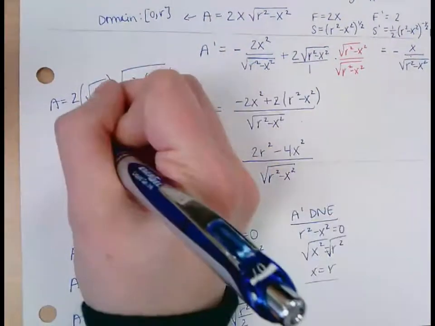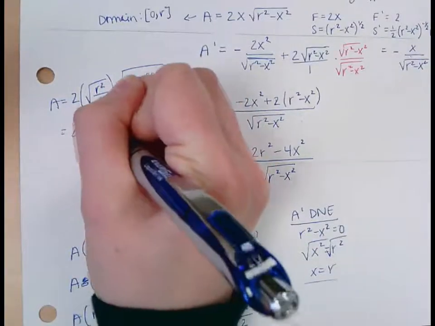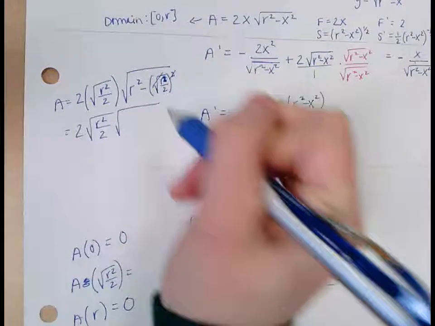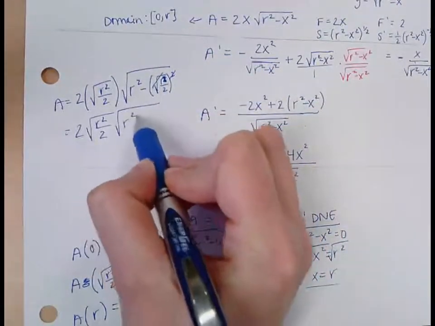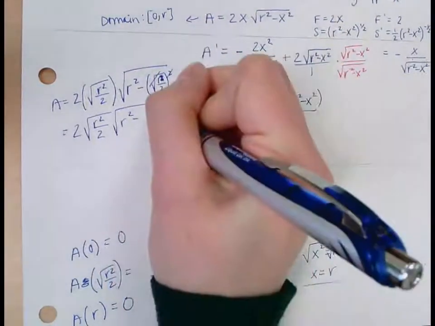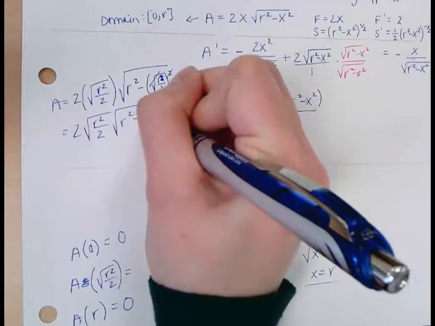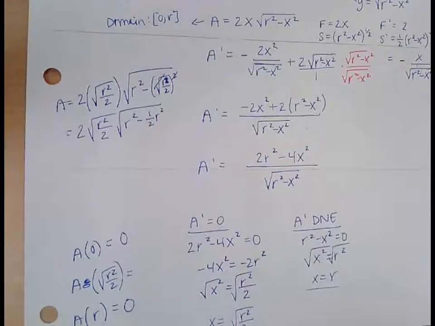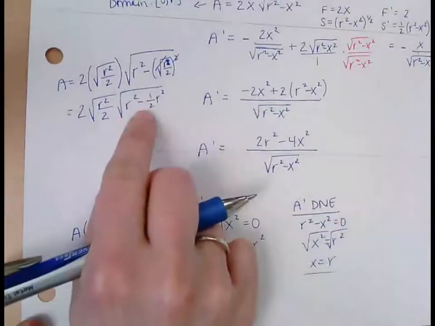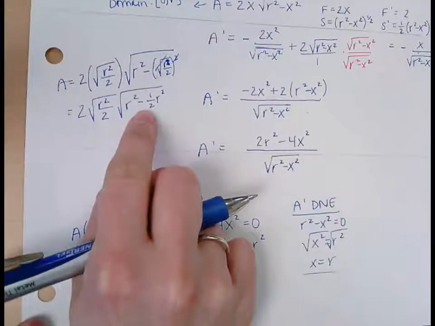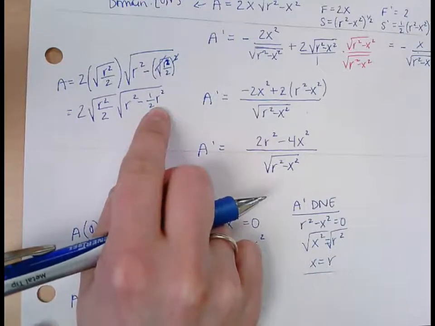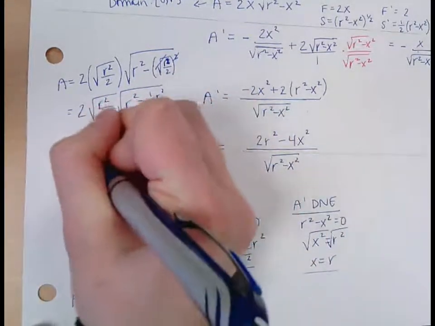And here these 2's also cancel. Nope, they don't. Just kidding. Don't cancel those. That was a test. Okay, so this is r squared minus, this just becomes r squared over 2, or 1/2 r squared. So now in this square root, r squared minus 1/2 r squared is 1/2 r squared.